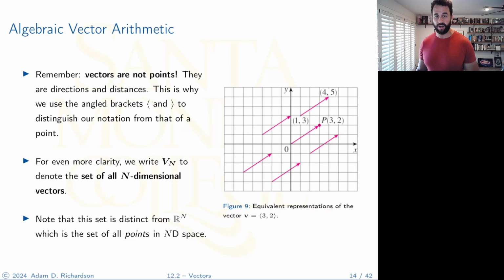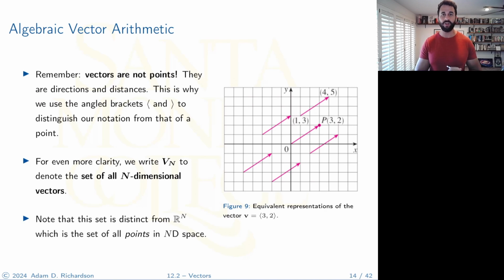All right. Now, one important point, pun intended, is this. Vectors are not points. If you've never worked with vectors before, this can be a little awkward to get your head around, but vectors are not points. They are not the same as points, so you don't treat them like points. What they are is directions and distances.